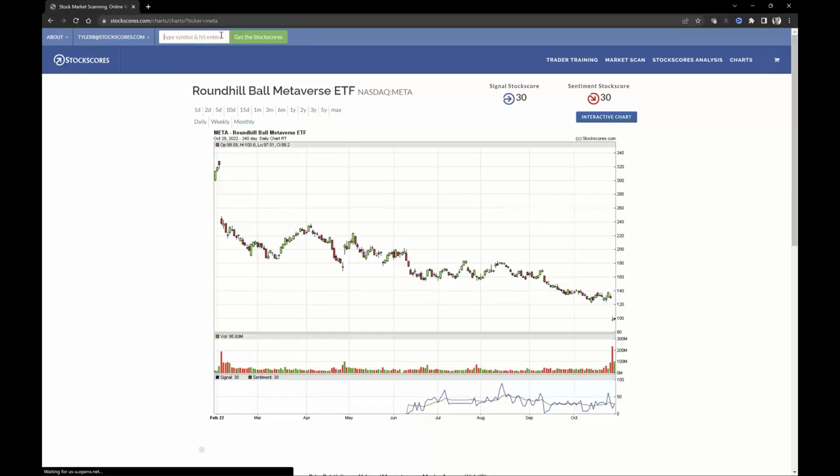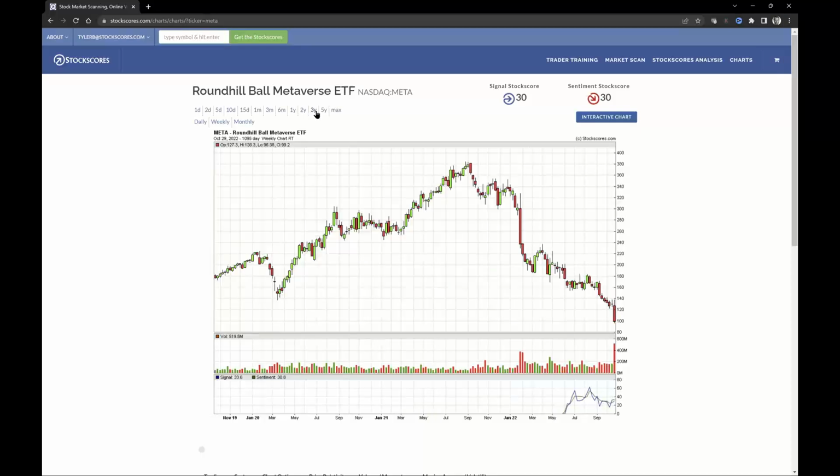Meta's ugly. Obviously a big gap down on bad earnings on Thursday, but there's no reason that anyone should be in this stock, because when did it switch from buyer control to seller control? Okay, there's your upward trend line. It broke down there, and then it broke down from a falling top here at $300.